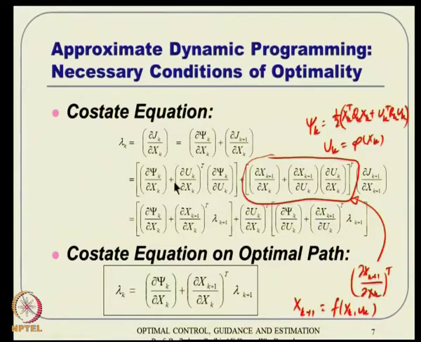Anyway, so the first term here and first term here, and lambda k plus 1 from here. So, I will keep it this way. Then the second term, you can see that del uk by del xk transpose is common here, and this transpose is also in the left hand side, that will come after expansion. So, both of the terms will be in the left hand side. I will take out this as common and write it that way.